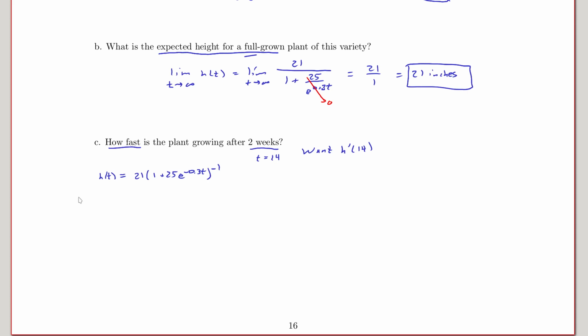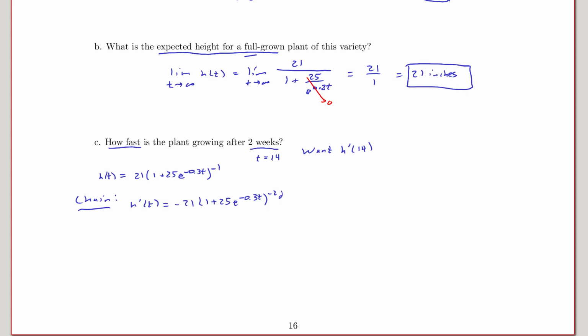And then I'm going to use the chain rule. So our derivative, h prime, will be negative 21 times (1 plus 25 e to the negative 0.3t) to the negative 2.